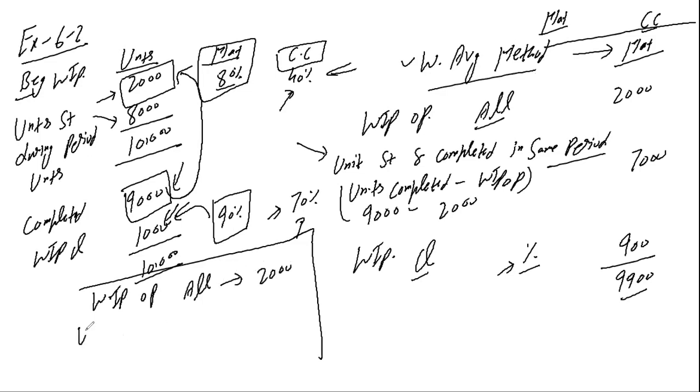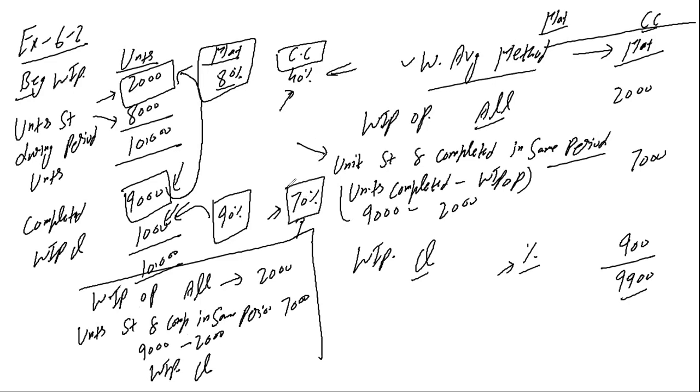If we take all, it will come to 2000. Then we said, students, units started and completed in same period. Same thing, students, 7,000. The way I did here, you know it very well now. Work in process closing. Now students, when you are doing it for conversion, you will apply the percentage of conversion.